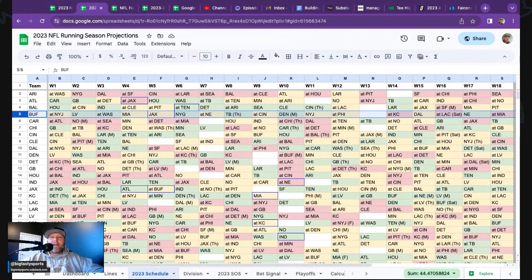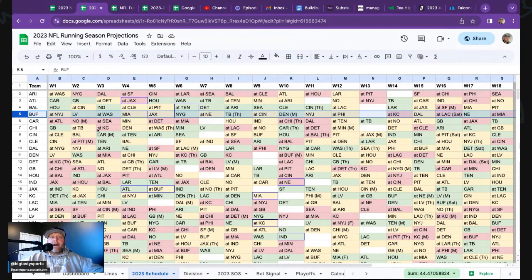I'm not gauging every one of these games down to a 0.1% or anything, but just generally, that is my bar, I would expect this team to win more than 60% of the time. Red is on the other side. I think they're going to lose 60% of the time or more, so they have less than a 40% chance of winning. And then yellow is anything in between. So it's something close to a coin flip. But I might think, hey, they're more likely to lose, they're more likely to win, but it's going to be close.